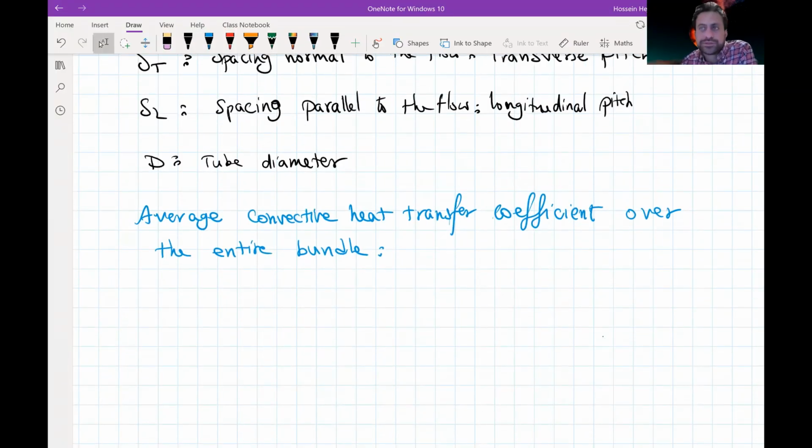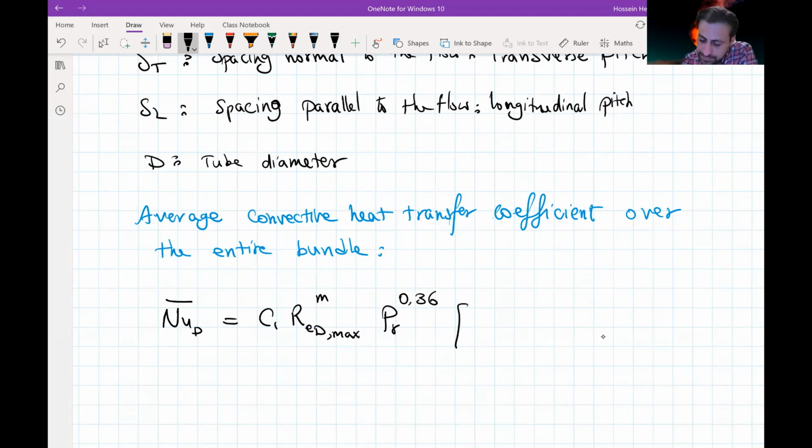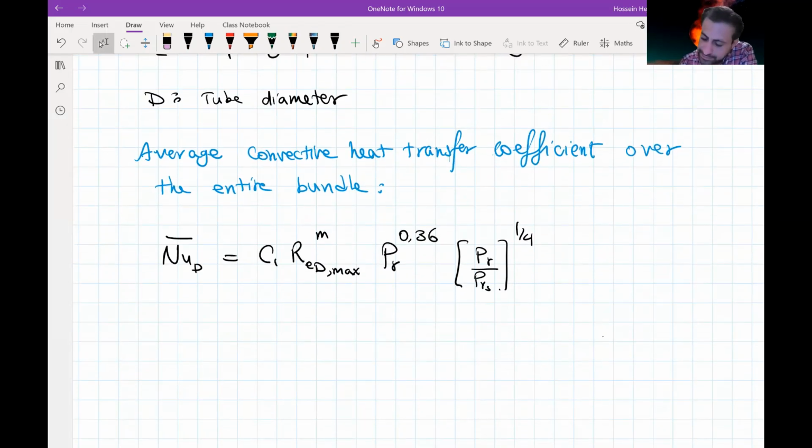One of the empirical correlations is the average Nusselt number D is C1 times Reynolds number D,max to the power of m, and we'll discuss what this Reynolds number D,max is, times Prandtl number to the power of 0.36, corrected by Pr over Pr_s to the power of 1/4.